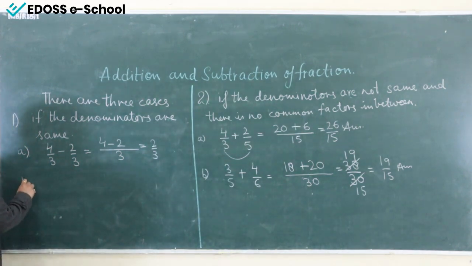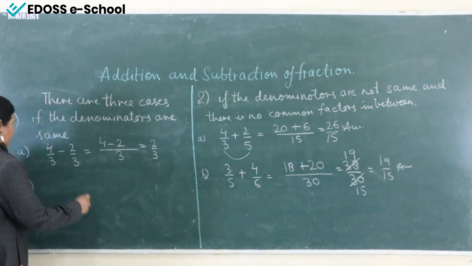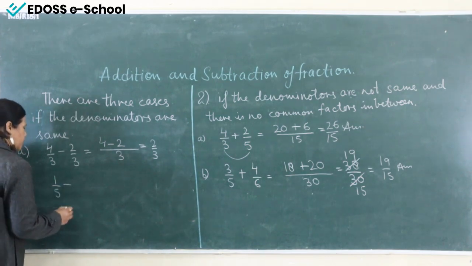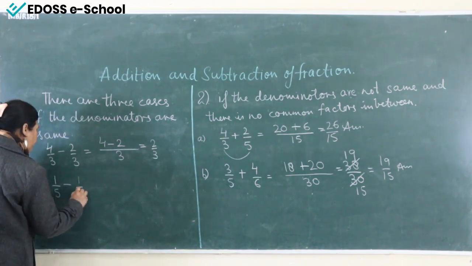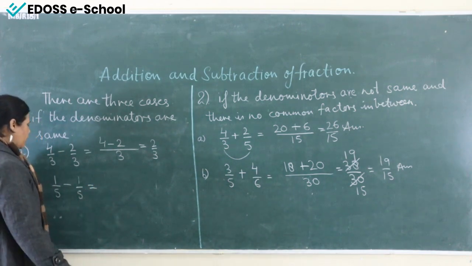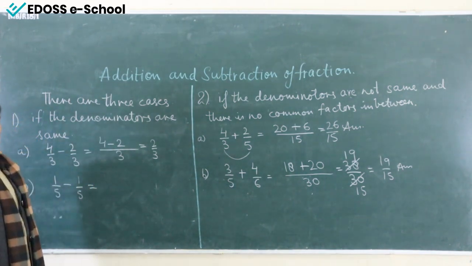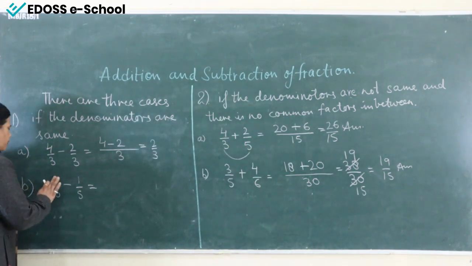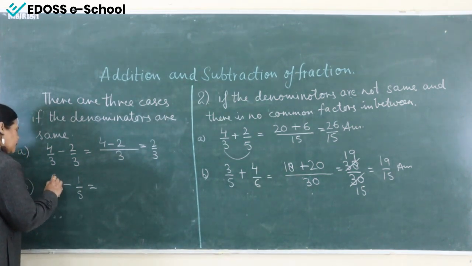Now we will take another example, B part. Again I am taking 6 upon 5 minus 1 upon 5. Now look here all of you. Again the denominators are same.